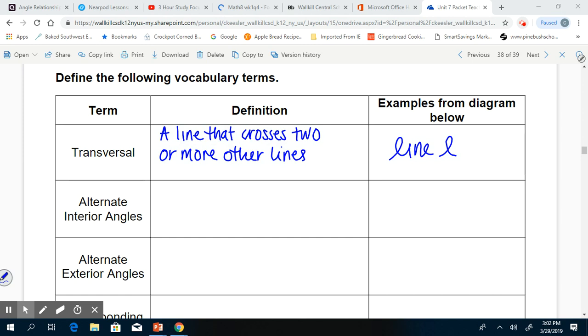The second definition we have is alternate interior angles. So alternate interior angles are congruent angles inside parallel lines on opposite sides of a transversal.